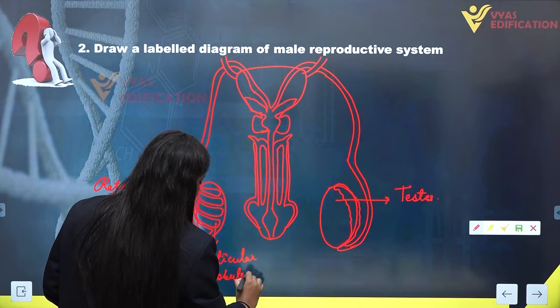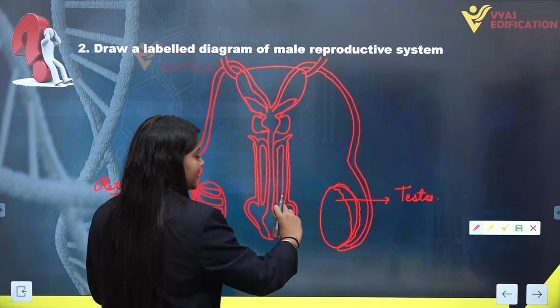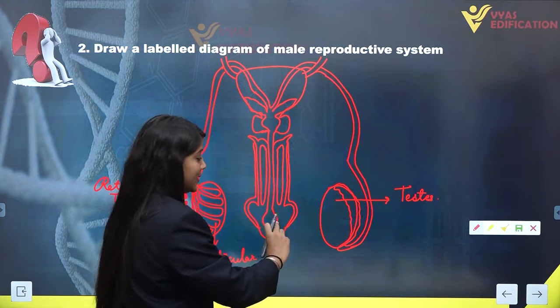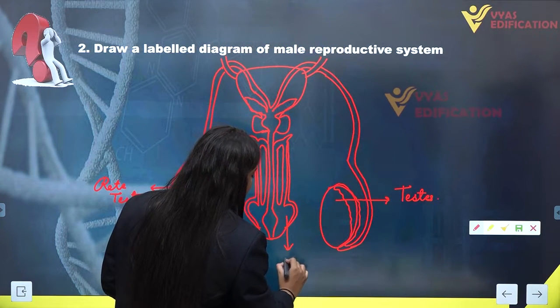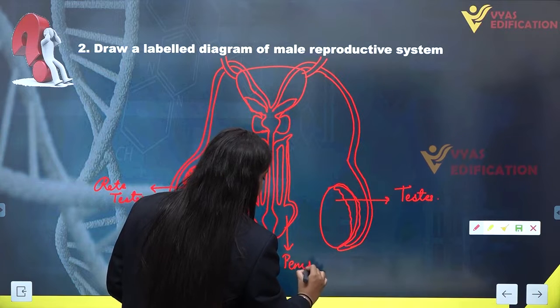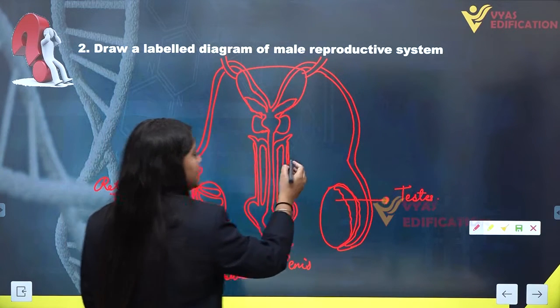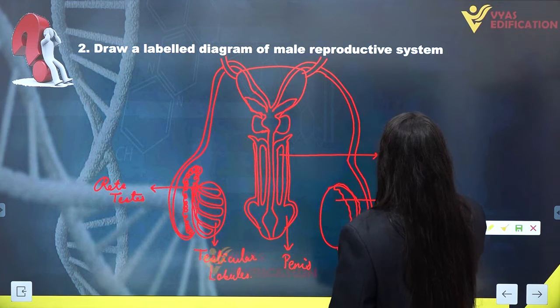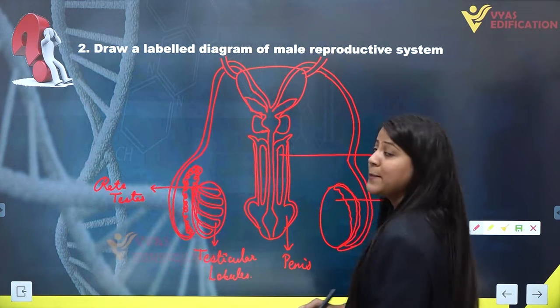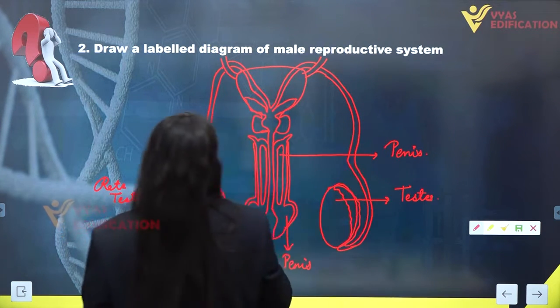This swollen portion of penis is actually known as glans penis, and of course this is penis. This whole thing is known as penis, which is actually male external genitalia.